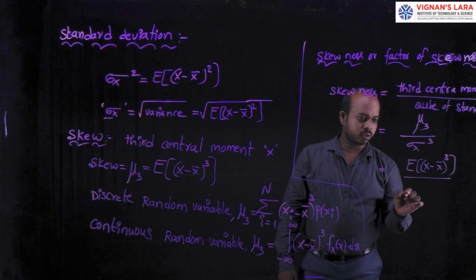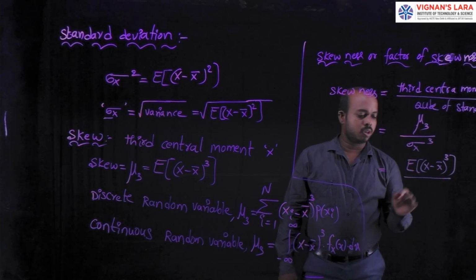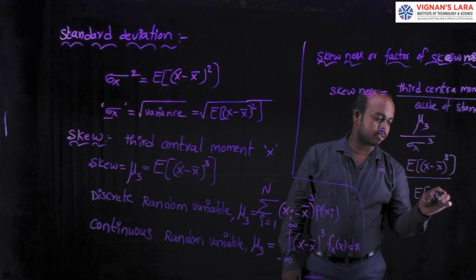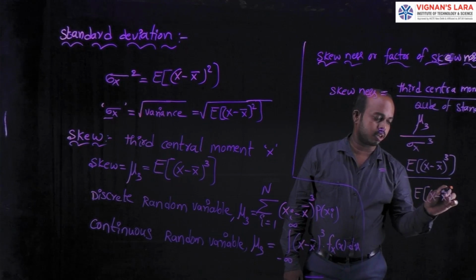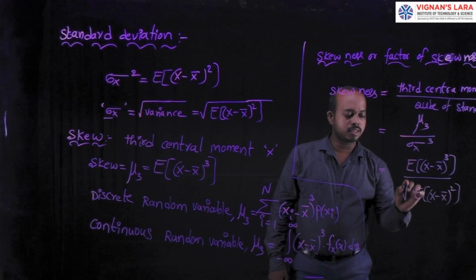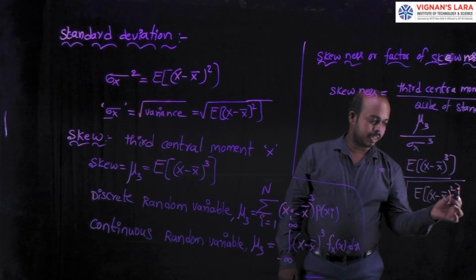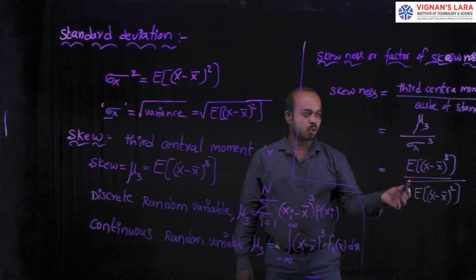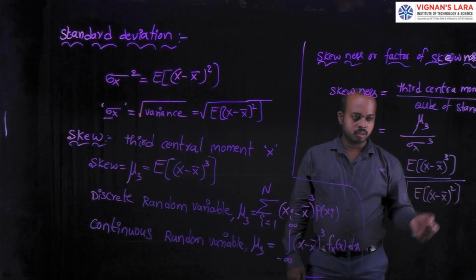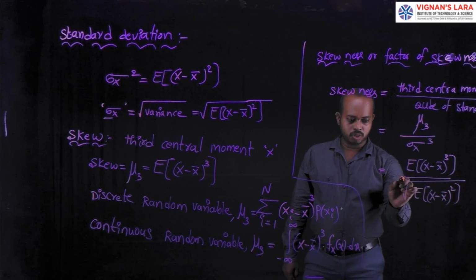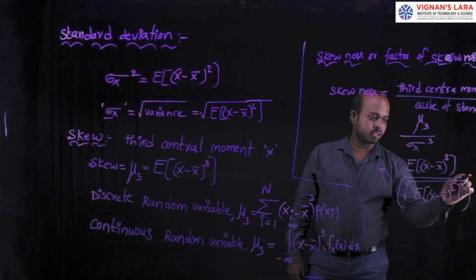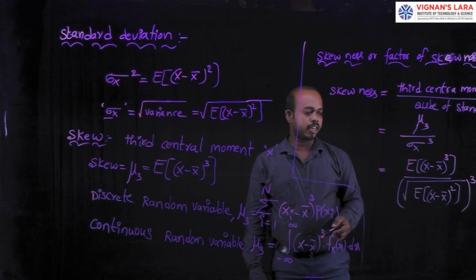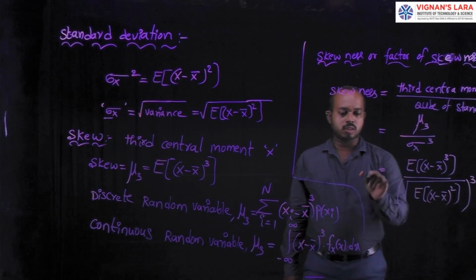The standard deviation can be written in terms of variance, which is the expectation of x minus x bar whole square. Taking the square root of this quantity gives the standard deviation, and for this entire quantity we take the cube. This represents the skewness.